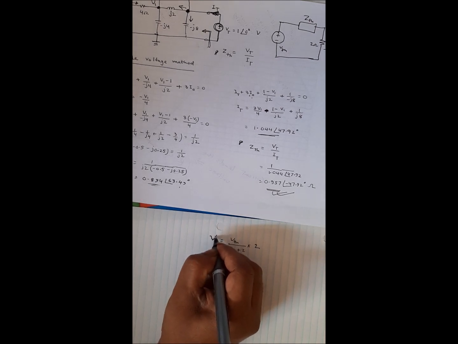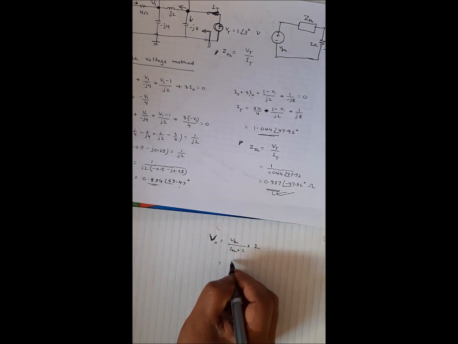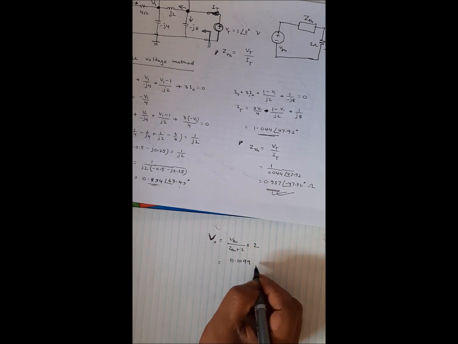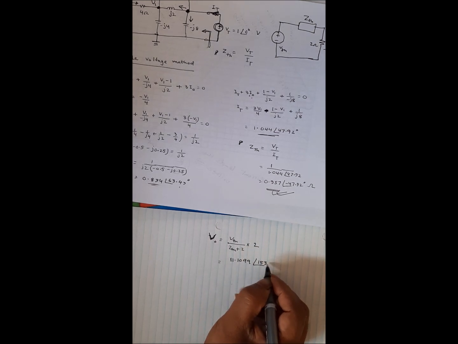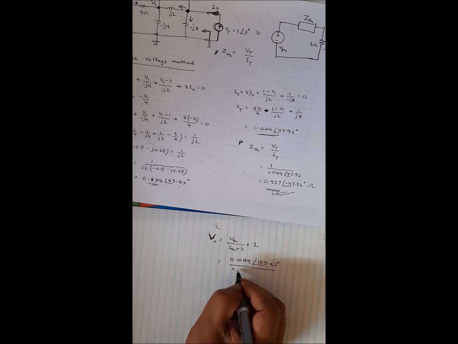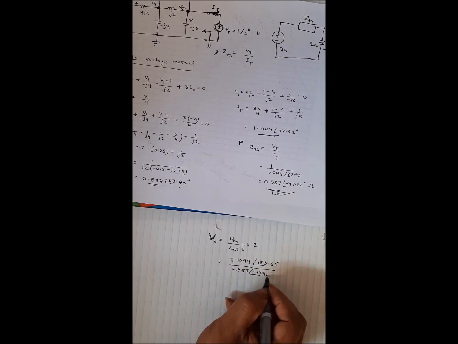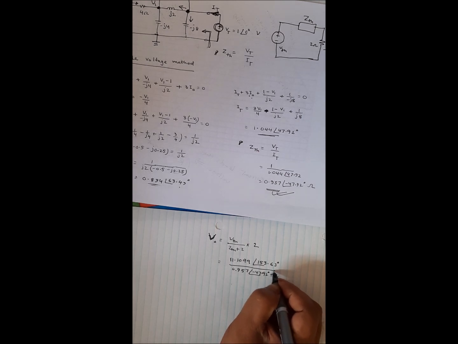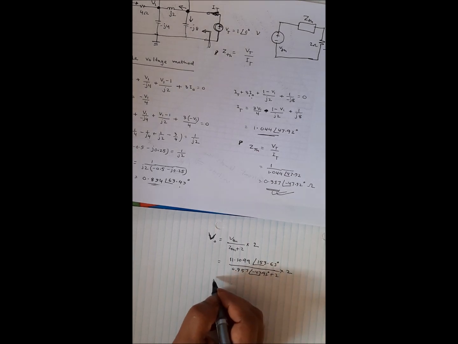So that will be the VO. V Thevenin, I got 11.1099 at 53.63, and Z Thevenin is 0.957 at negative 47.92 plus 2 times 2. So you can get VO.